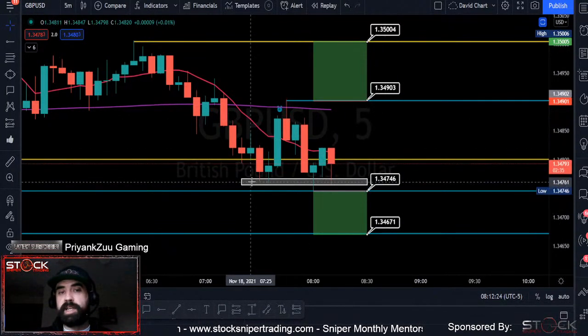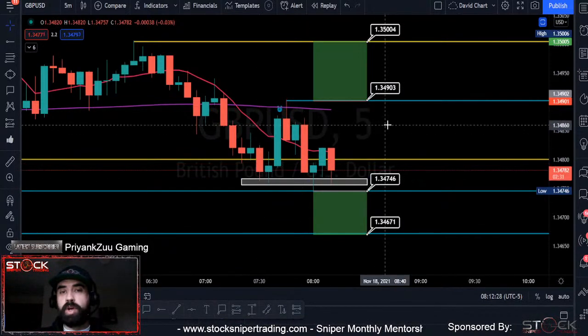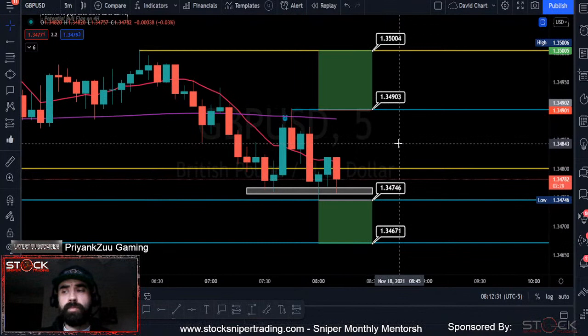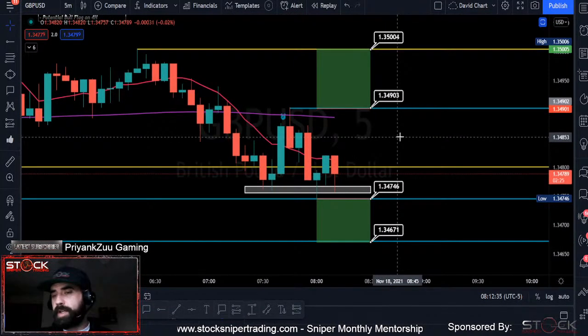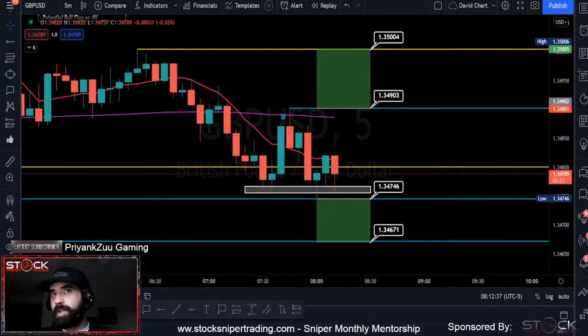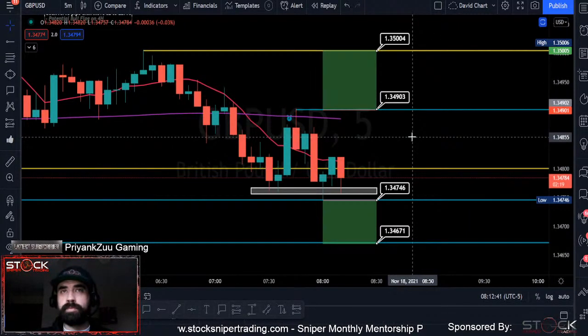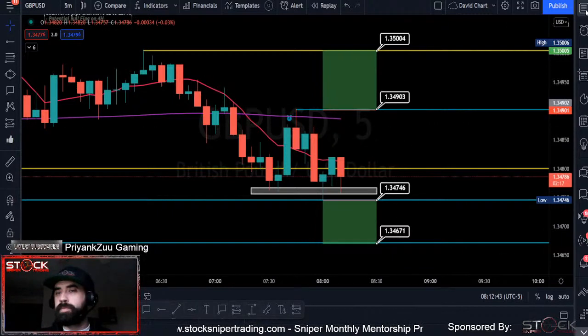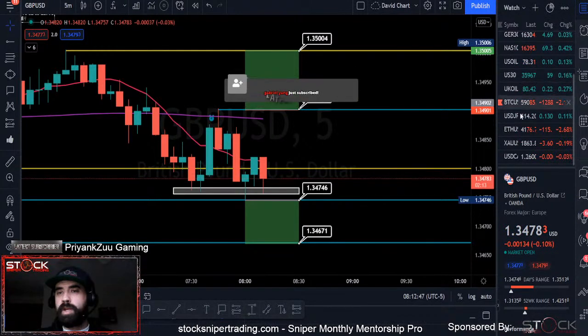You can see a nice key area of support starting to form. Guys, I'm watching gold right now as well. So we're just going to see how this is going to play out. We're coming up on 8:15. Okay, gold.